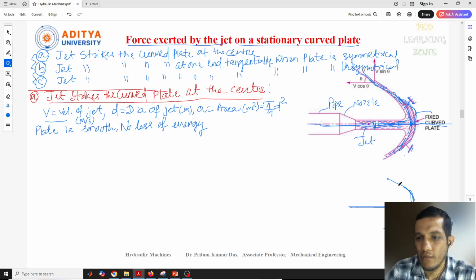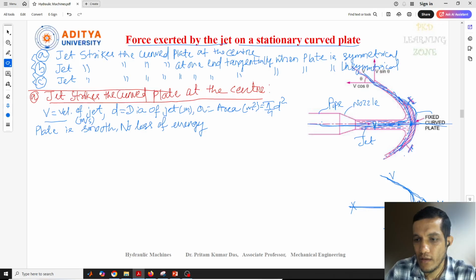Now if I consider this velocity V at the outside, what is the angle between the fluid velocity and the fluid which is coming out from this plate? If I draw the velocity, this is the fluid direction, or you can say the x direction, the direction of the jet.